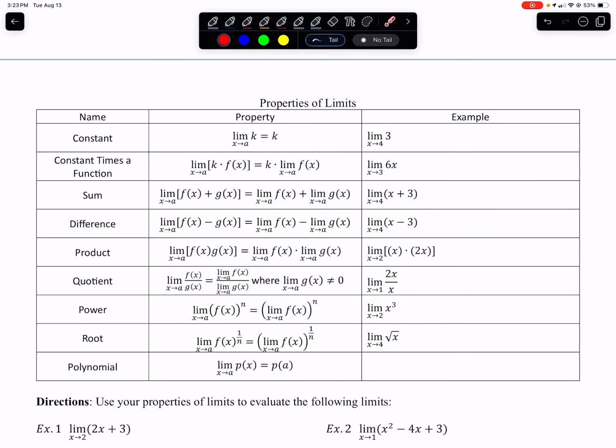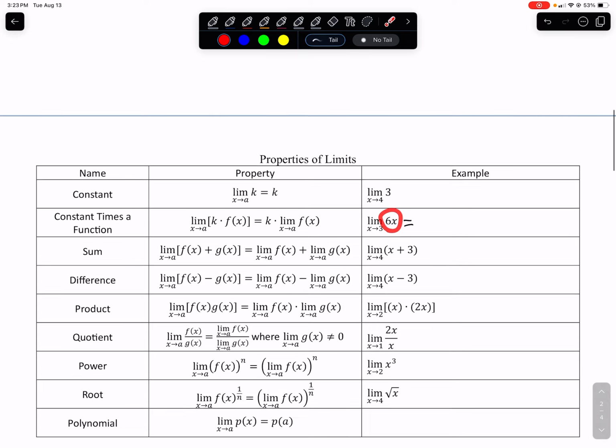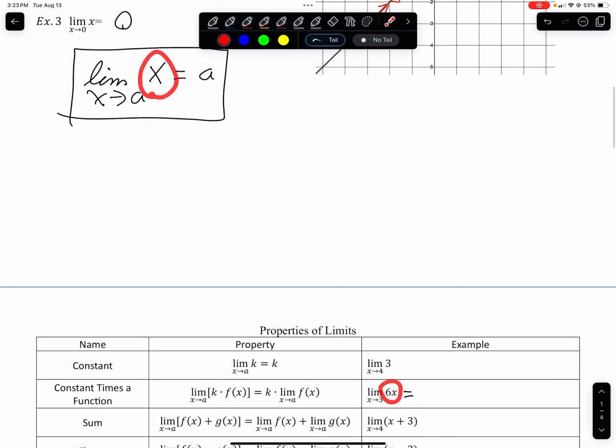So here's the next rule. What if you have the limit, but in the limit you have a constant in front of your function? There's a rule that you now are allowed to use is you can pull that constant out in front and just take the limit of the function itself. So here's your example. What am I going to do? I don't know how to take the limit of that, but I know how to take the limit of x.